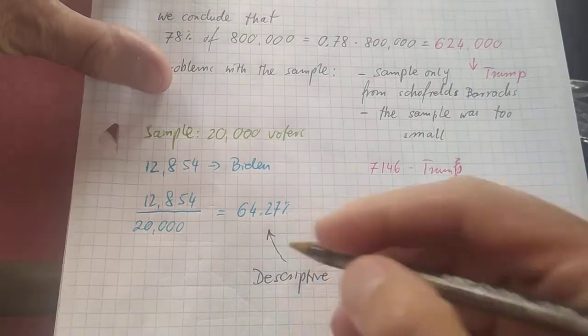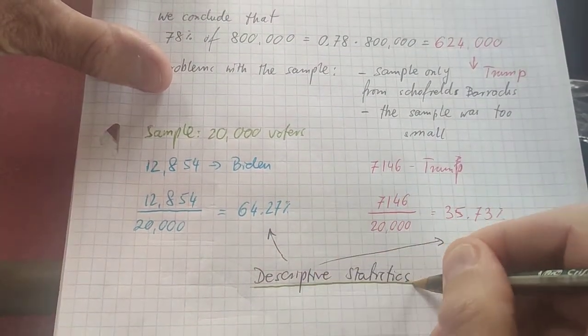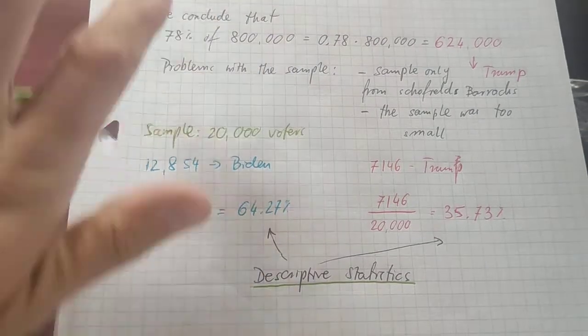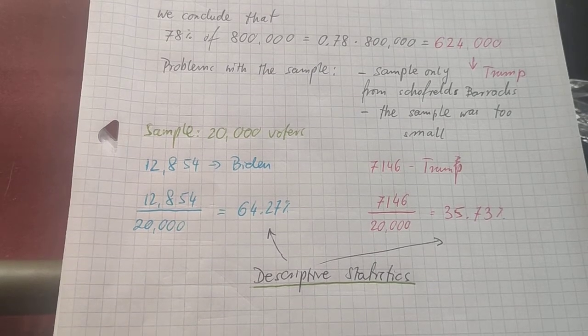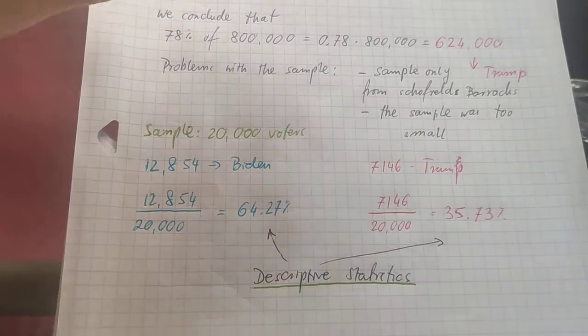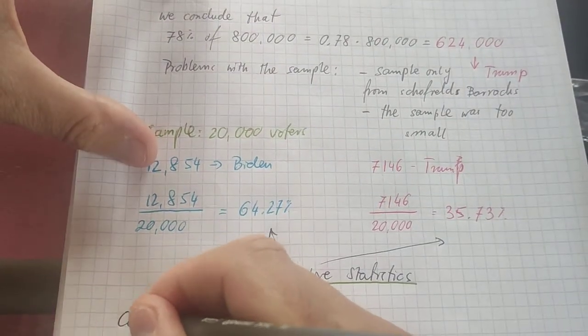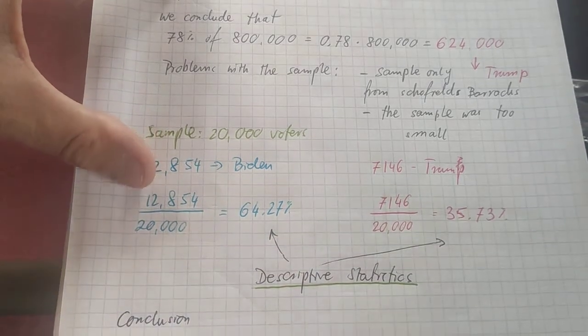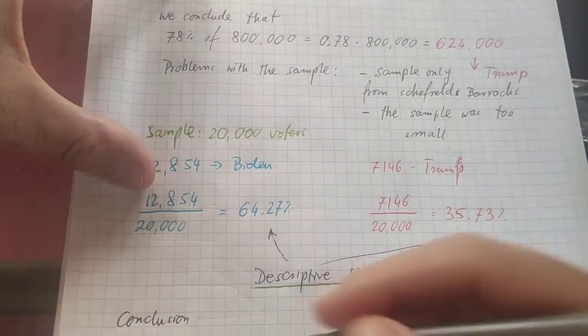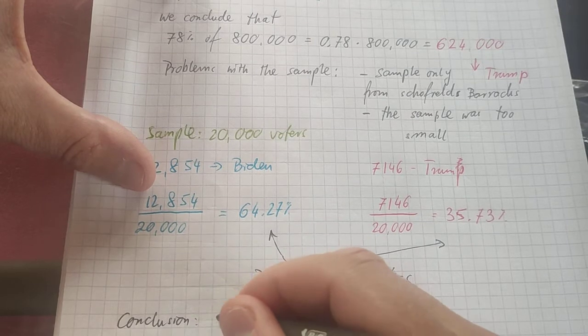Okay, so now based on what we just found, we can make a conclusion, or prediction, right, that Biden will win the elections. So conclusion: Biden will win the elections.